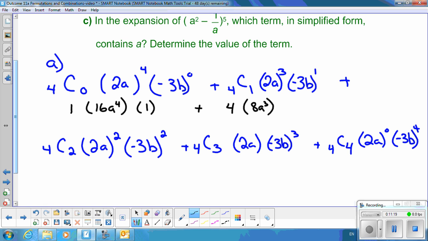And negative 3b to the power of 1 will stay as negative 3b. Moving to the second row, 4C2 is 6. 2a squared becomes 4a squared. Negative 3b squared becomes 9b squared.